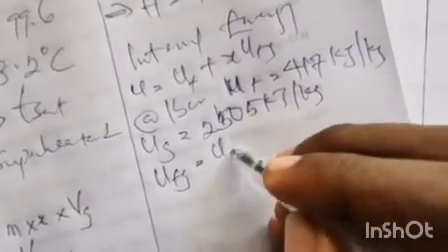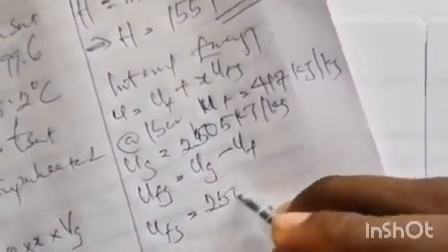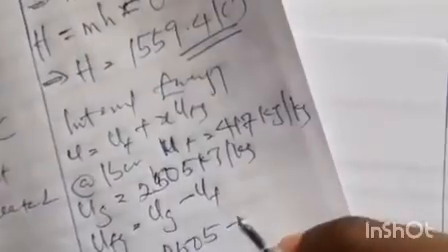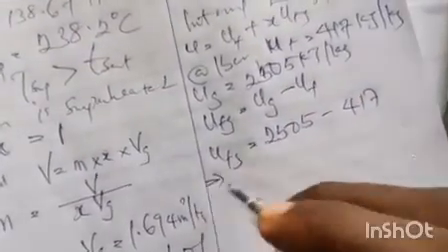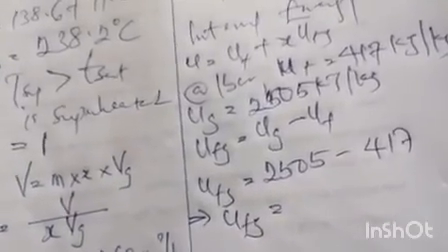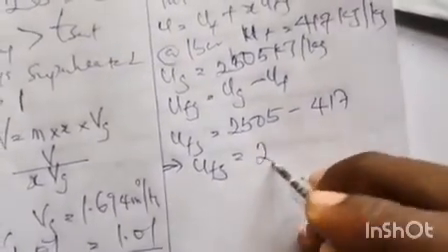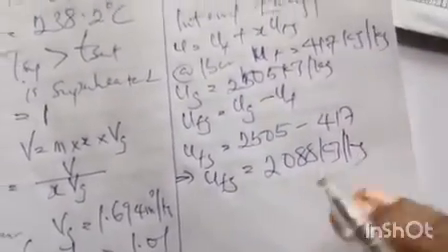We can find UFG, which is simply UG minus UF. So UFG is 2505 minus 417, which gives us 2088 kilojoules per kilogram.